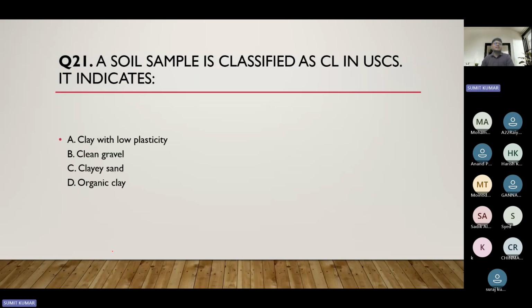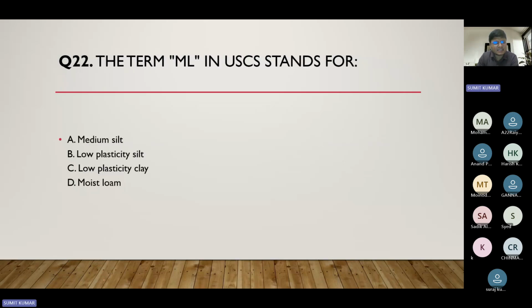Next, a soil sample is classified as CL in USCS. It indicates, CL means low plasticity, and C is clay. So as I can say, it is nothing but option number A. The last three problems are coming up.